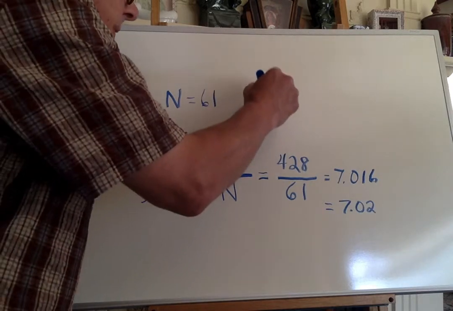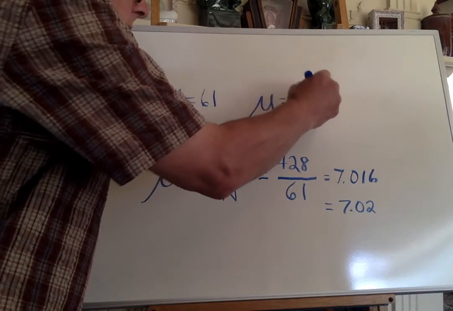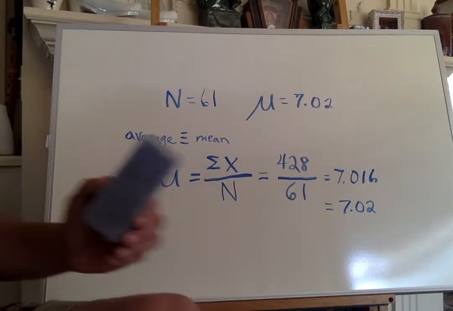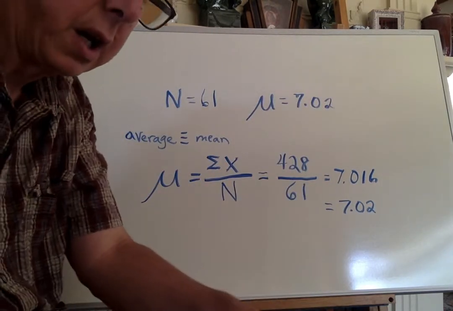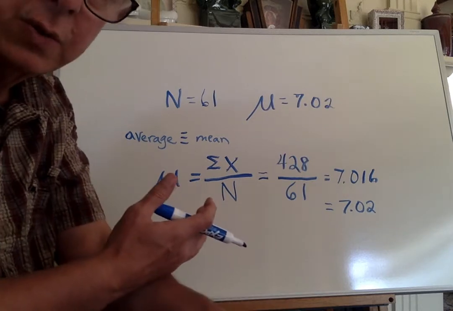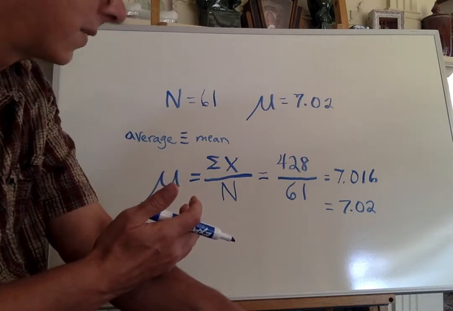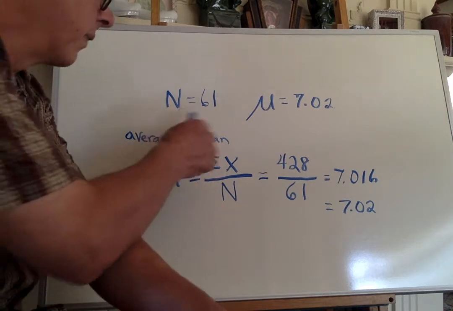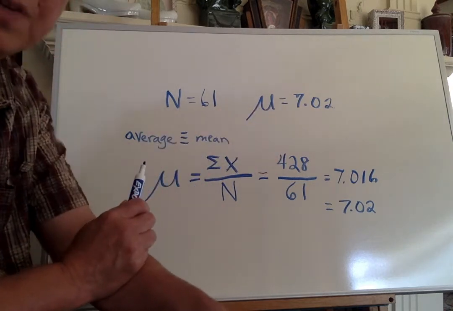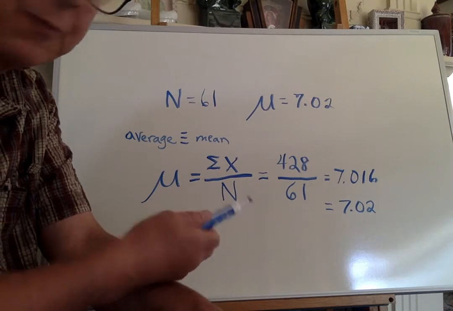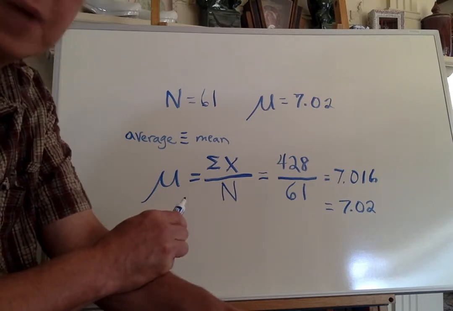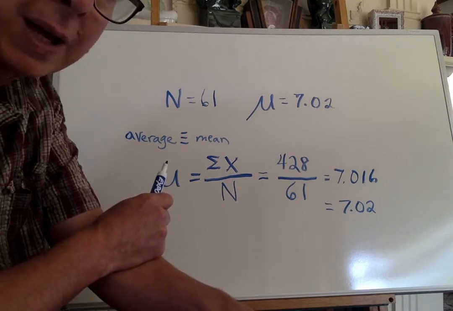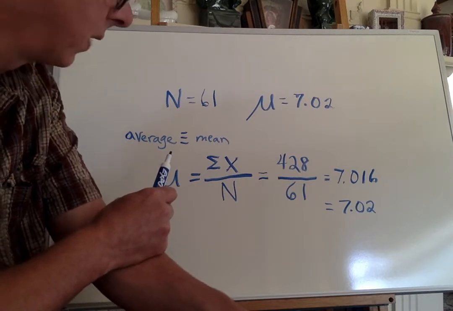So we can put this up here. Okay, 7.02. And that is just like what a professor would do when they tell you the average for the class. This is the formula that is used. So we now have 2 descriptive statistics so far in our toolbox. We're going to have a whole toolbox full of different statistics as we make our way through this class.